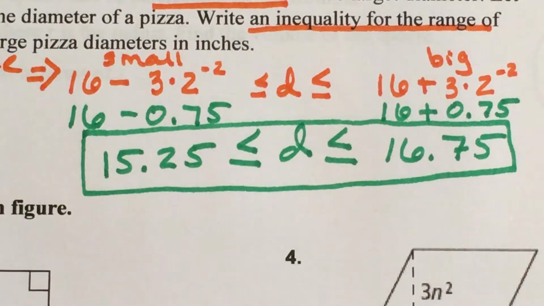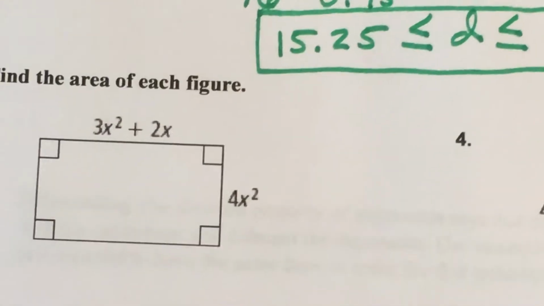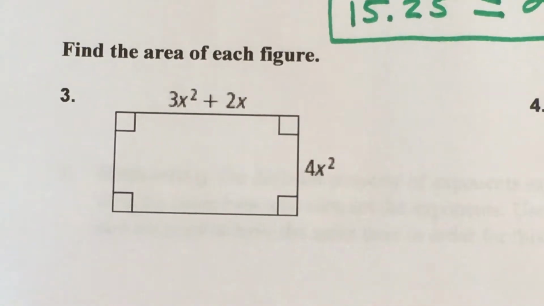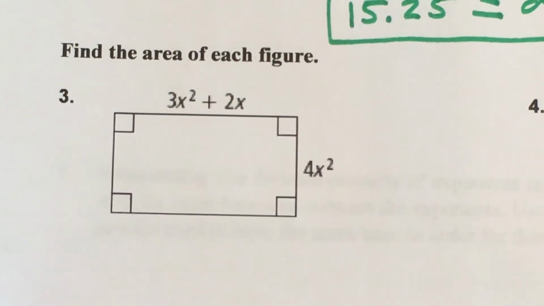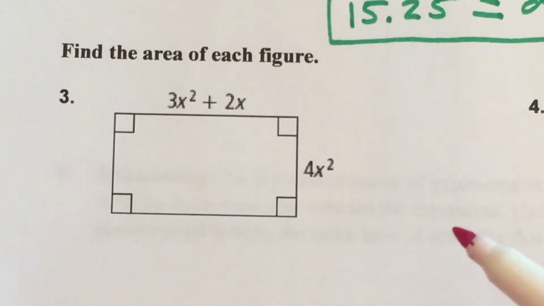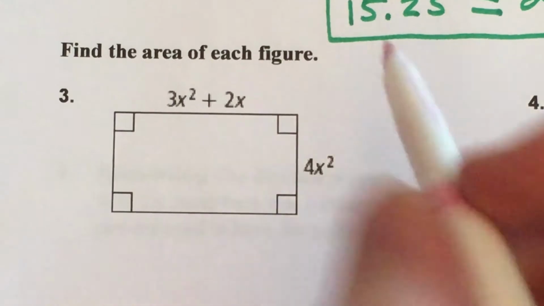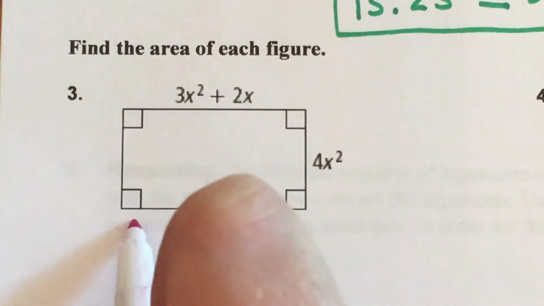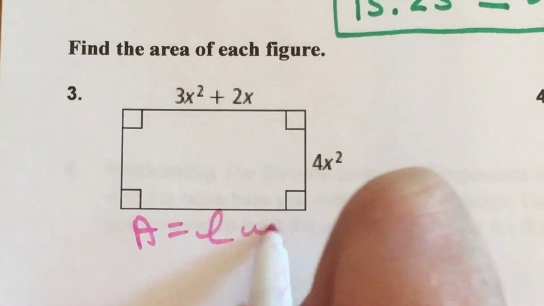Let's go do problem number 3. Problem number 3, we need to find the area of each figure. Okay. How do you find the area of a rectangle? Area equals length times width.